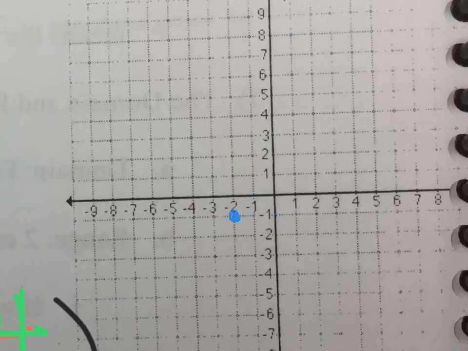So what we're going to do is I'm going to go over 1, and instead of going up 1, I have to go up 2. So I go over 1 and up 2 from my vertex. And then I can go over 2 and I have to go up 8.